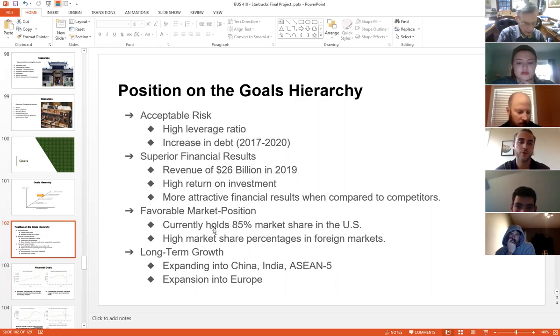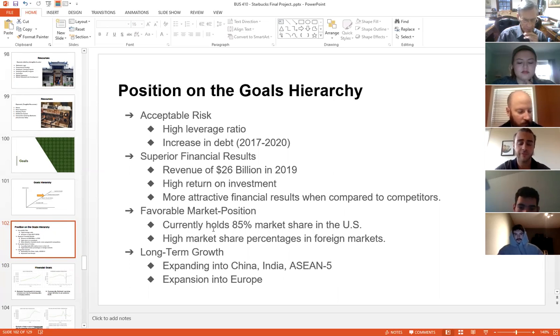So for Starbucks, acceptable risk is because of the high leverage ratio, the increase in debt from 2017 to 2020. The superior financial results: it had revenue of close to 27 billion in 2019, the high return on investment over the years, and more attractive financial results when compared to competitors within its industry.